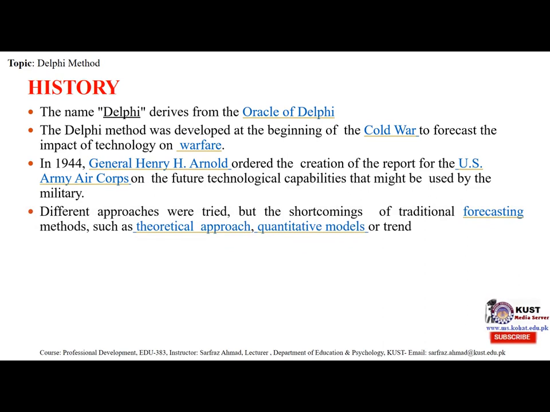Different approaches were tried, but the shortcomings of traditional forecasting methods such as theoretical approaches, quantitative models, or trends were there. We know that everything fails due to its shortcomings.